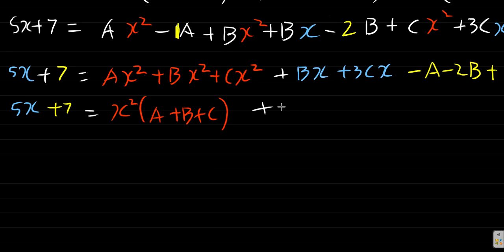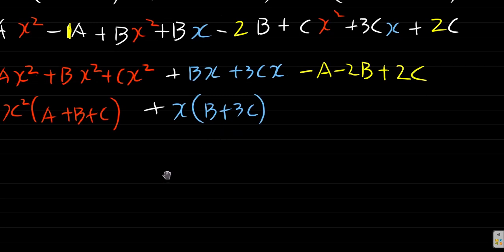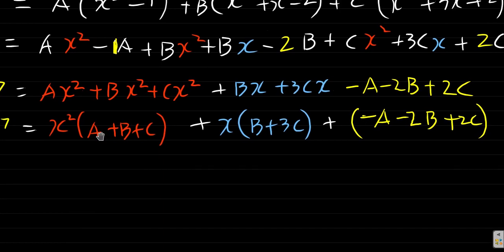Plus we have x and then b plus 3c. Then we have here plus, then we have here, call it negative a minus 2b plus 2c. Alright, so that's what we have at this point.